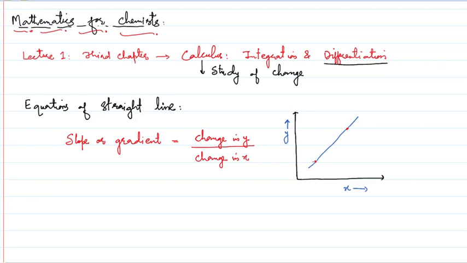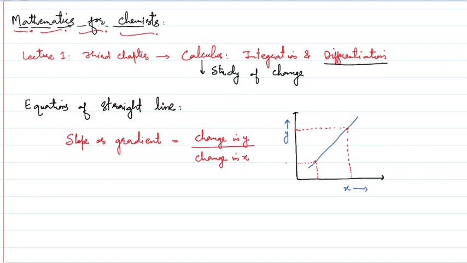What I will do, I will first join these two to the y-axis. Similarly, these two also to the y-axis. Please try to understand this. This is how you have to calculate the slope of a straight line. Suppose आपने कोई एक्सपेरिमेंट किया है, आपके पास एक स्ट्रेट लाइन आ रही है, then you have to find the slope.